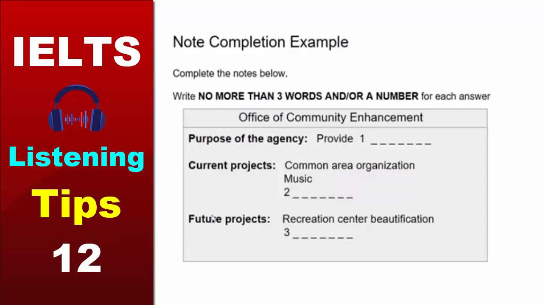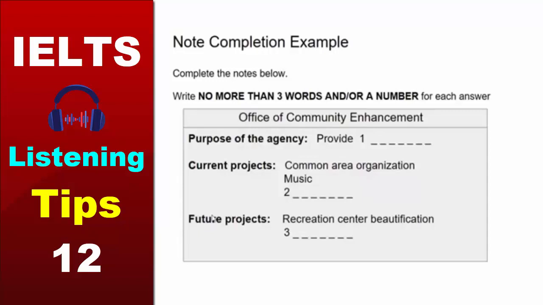For question number 1, we're looking for, well, basically it looks like, what is the Office of Community Enhancement's mission? Okay, what does it try to do? What's the purpose of that agency? And we have to listen for what they provide. All right, we don't know what that's going to be, but that's the basic idea we're going to have to listen for number 1.